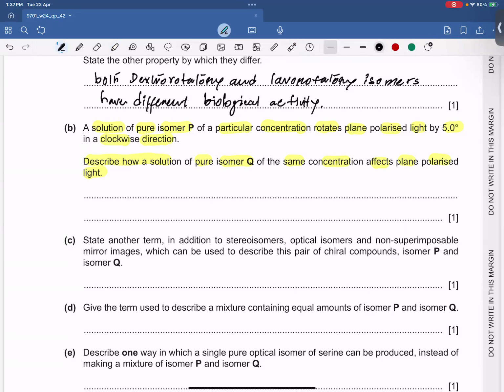Obviously, plane polarized light rotates with an angle of -5 degrees because it's moving in the anti-clockwise direction.